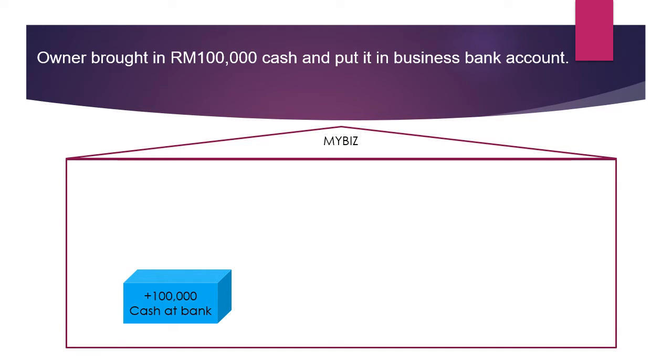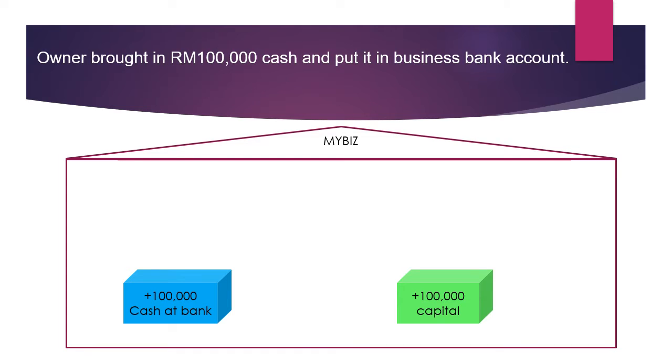The business now has an increase of cash in the bank of 100,000, and the money actually comes from the owner. So the business is promising the owner that the 100,000 is the owner's. So sort of the business owes the owner 100,000 ringgit, but the debt to the owner is indefinite, meaning when the business grows then it becomes the owner's.